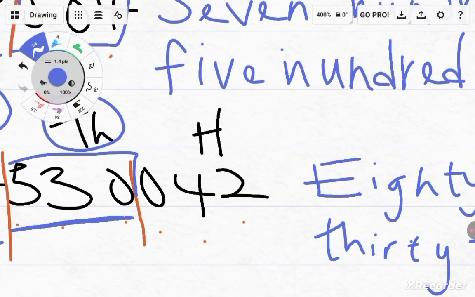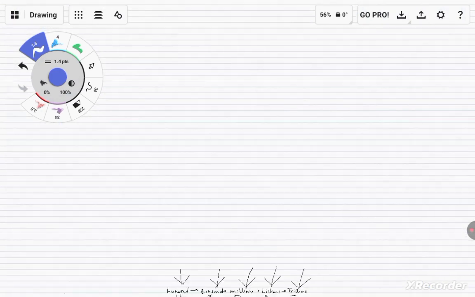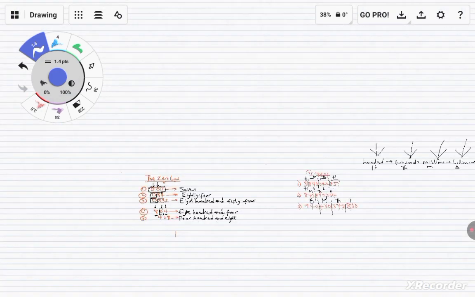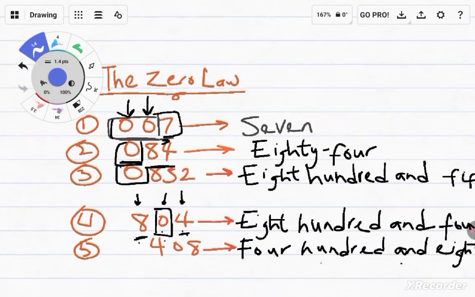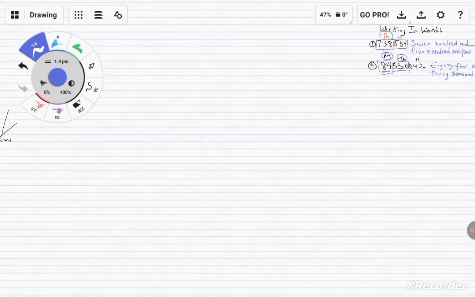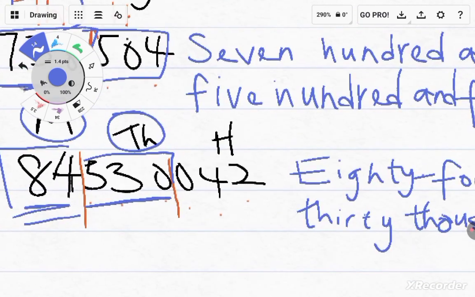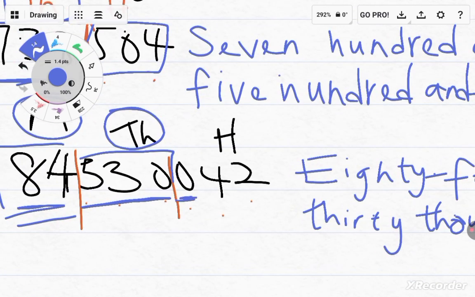Now if you look at this group, we have 042. But if you remember, let us go back to what we learned in the previous video. Anytime you have 0 before a number, what does it mean? 0 is not counted before. So in this group of 042, the 0 is found before 4 and 2, so the 0 is not counted.